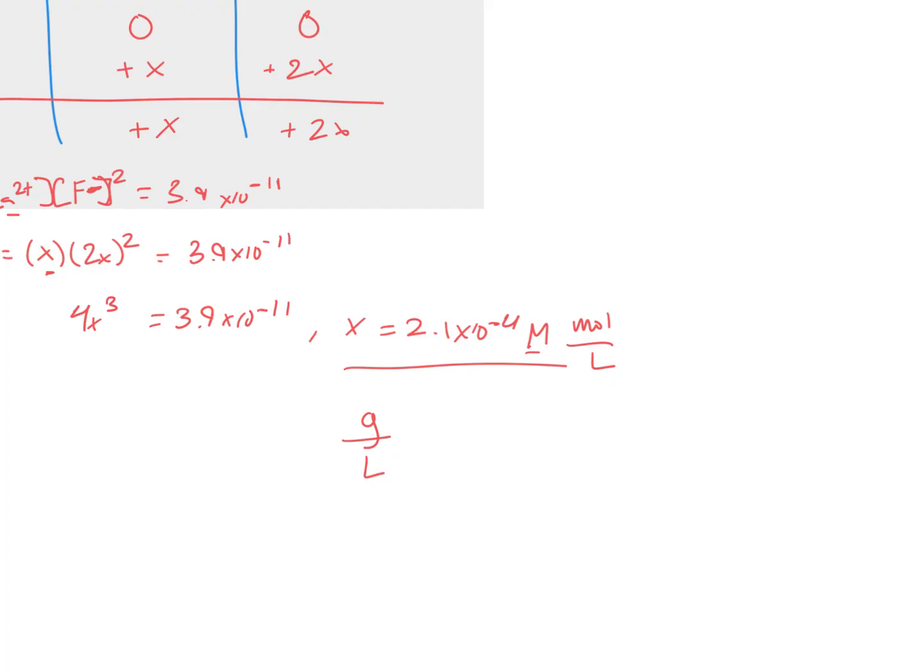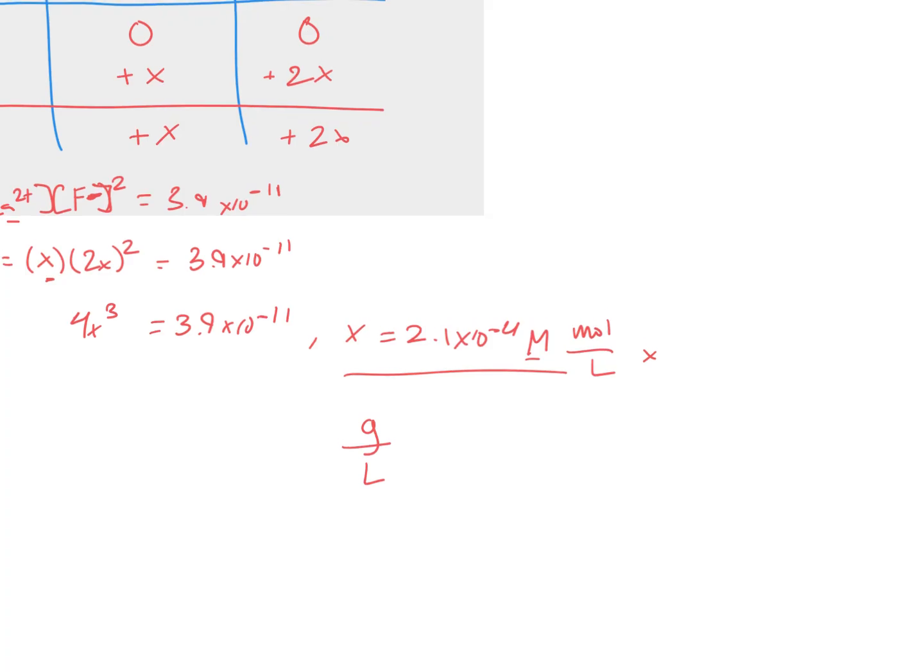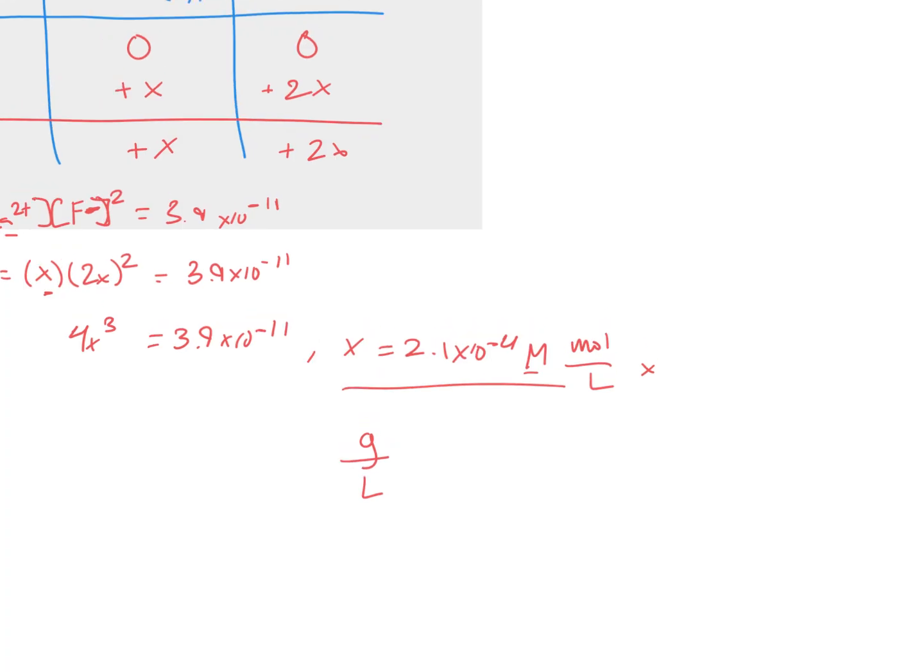And all you need to do here is just multiply it by the molar mass. And so here, molar mass of calcium fluoride is 78.07 grams per mole. Your moles cancel out, and then our answer now for x is going to be 0.016 grams per liter.